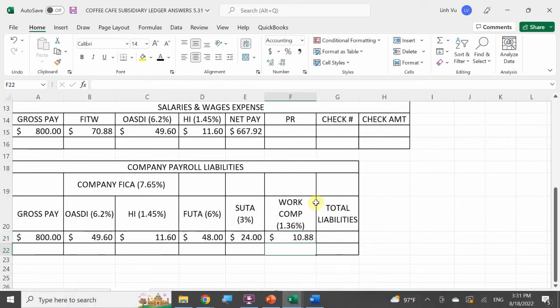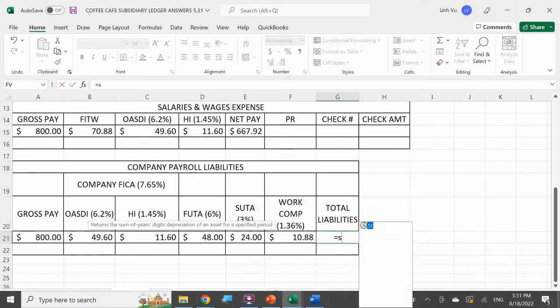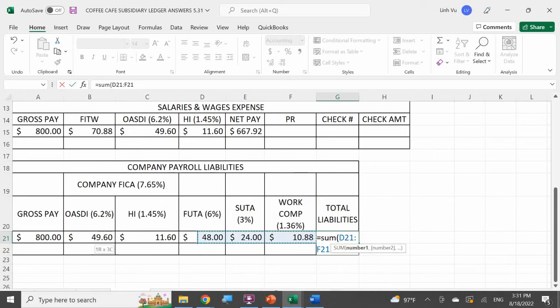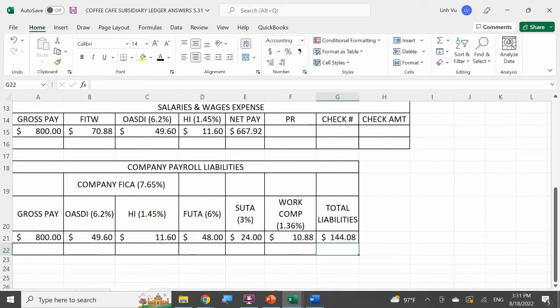And in this case, total liabilities: $144.08. So not only do I have to pay Irene $800, I have to pay an additional $144 just to have Irene as an employee.